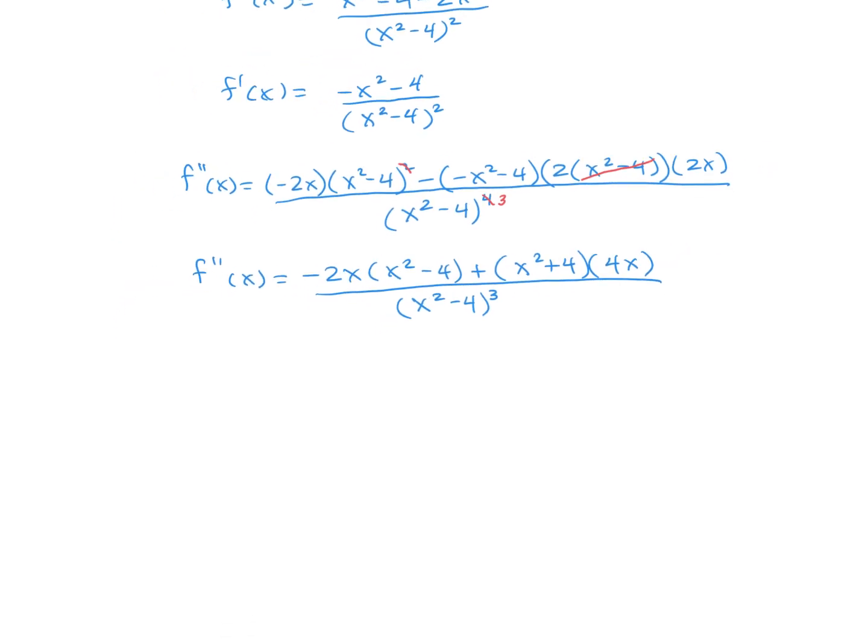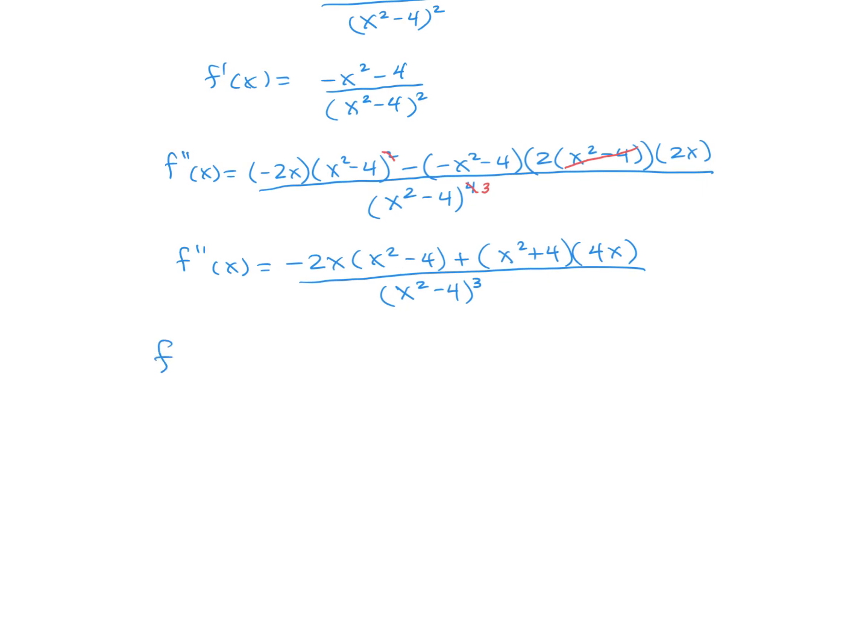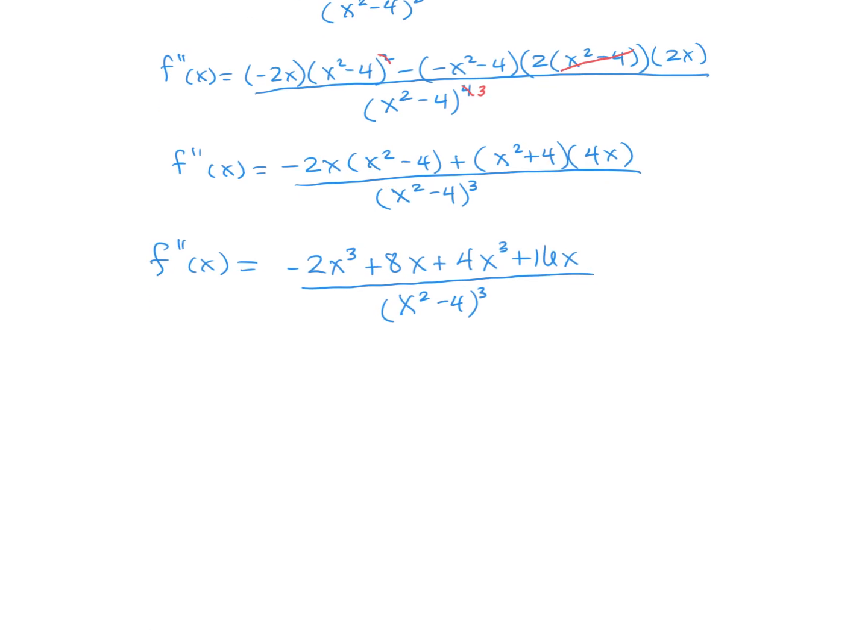And we can distribute and combine like terms and do more simplification here. So let's do that. Multiplying out, we're going to have a negative 2x cubed plus an 8 times x plus a 4 times x cubed plus a 16 times x all over x squared minus 4 cubed. And we can combine like terms.